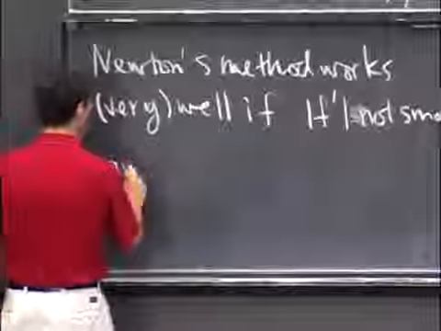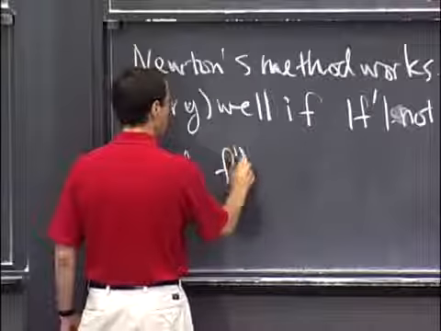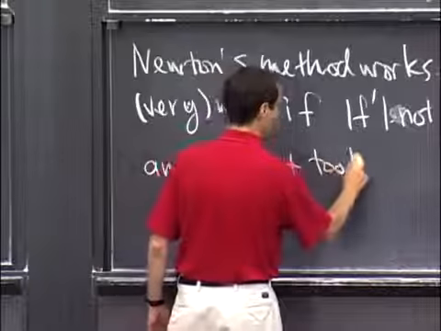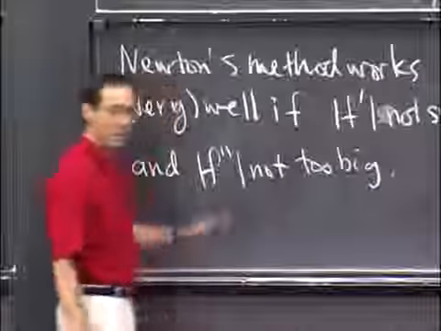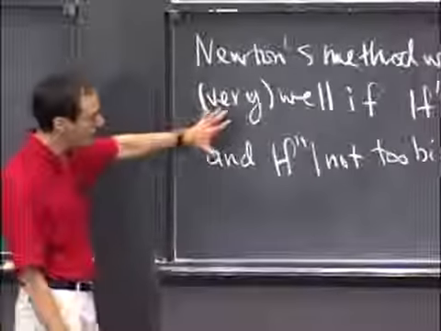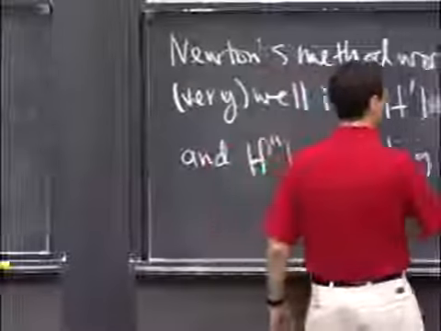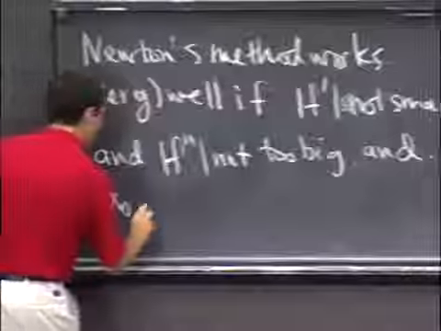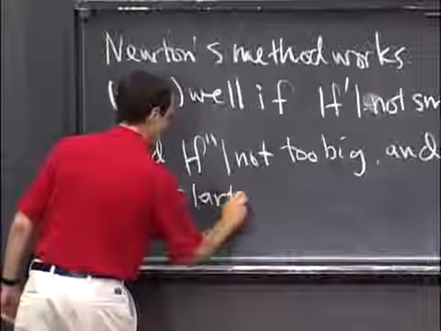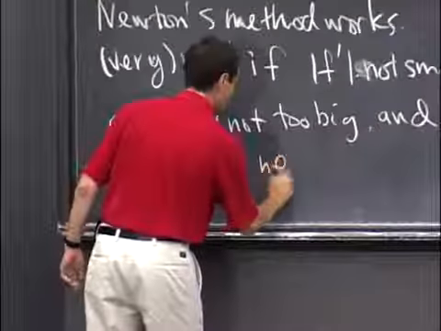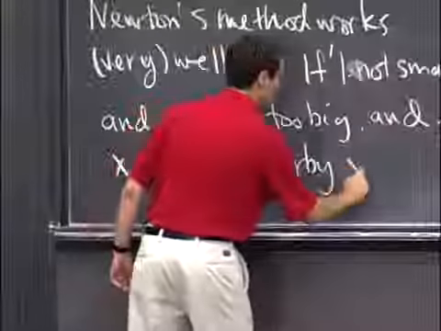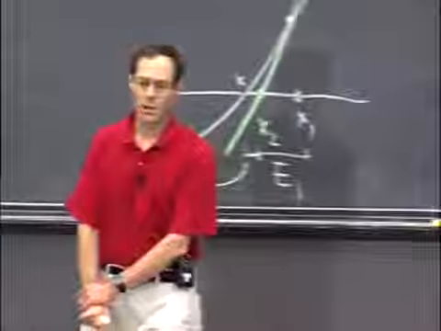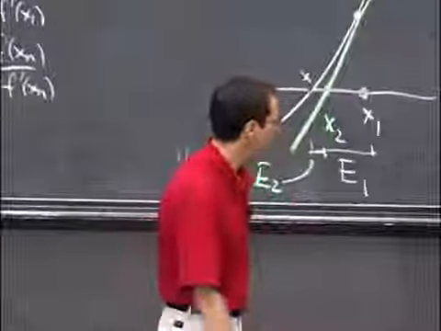And f double prime has to be not too big. All right, that's roughly speaking what's going on. I'll explain these in just a second. And x0 starts nearby the target value x. All right, so that's really what's going on here.